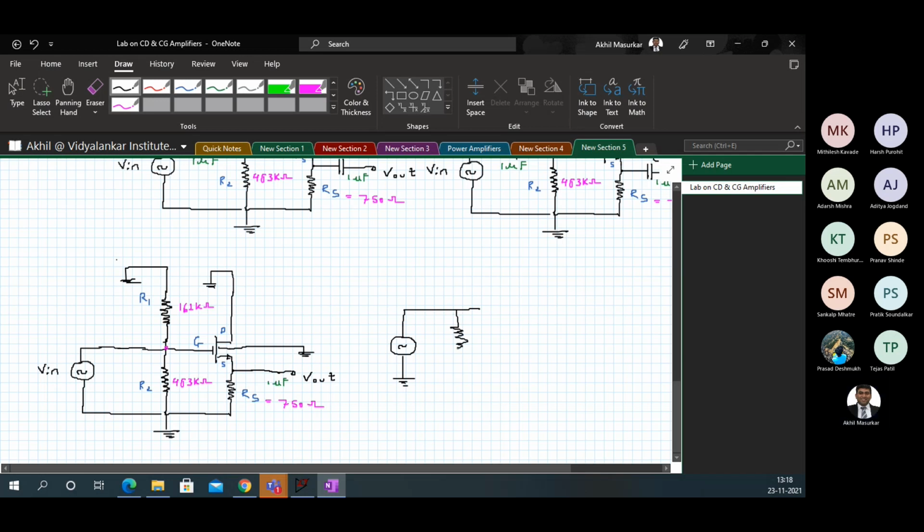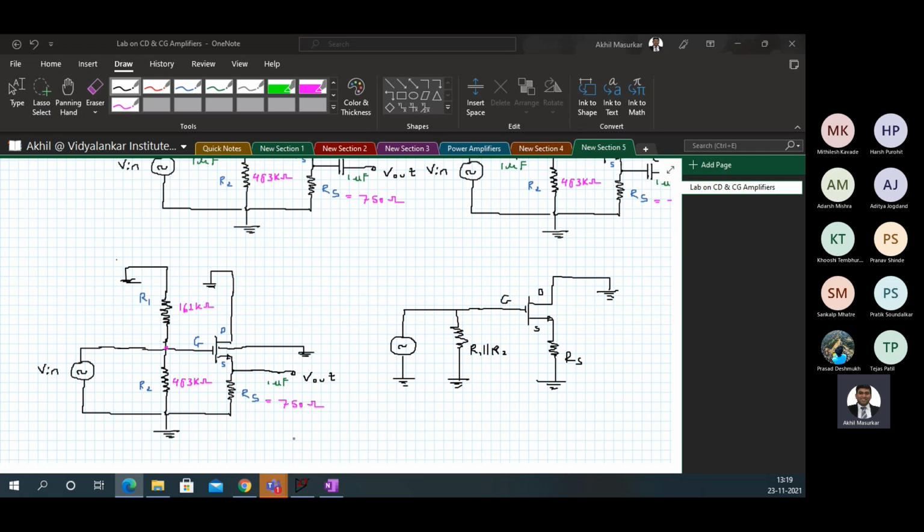R1 and R2 in parallel, then we have a MOSFET, then we have an RS here, and the drain is connected to ground. So this is drain, gate and source. So in total we can draw the circuit now like this.